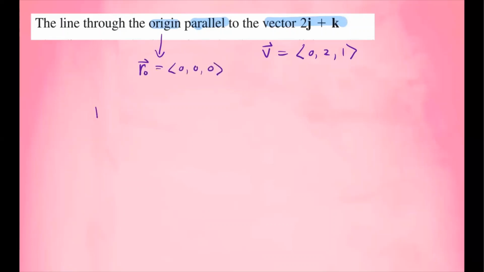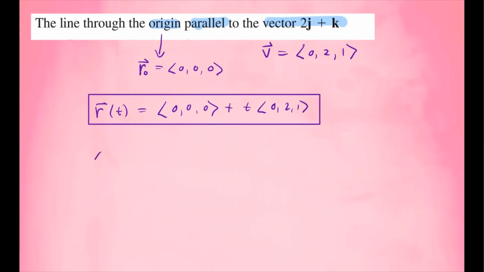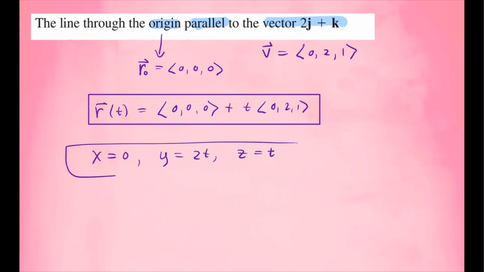So therefore, our r of t is going to be 0, 0, 0 plus t times the direction vector 0, 2, 1. So that will be the vector equation of this line. And the parametric equation would be x equals 0 plus 0t, so that's just 0. y equals 0 plus 2t, so that's 2t. And z equals 0 plus 1t, so it's just t.